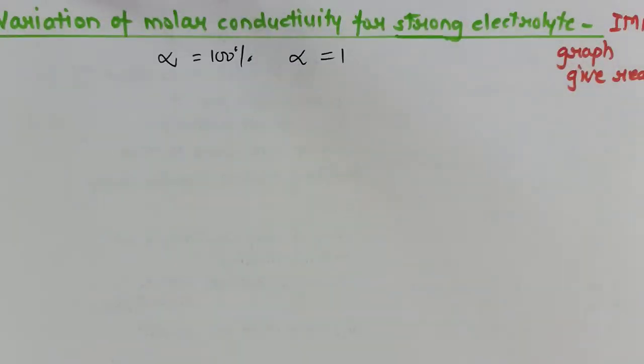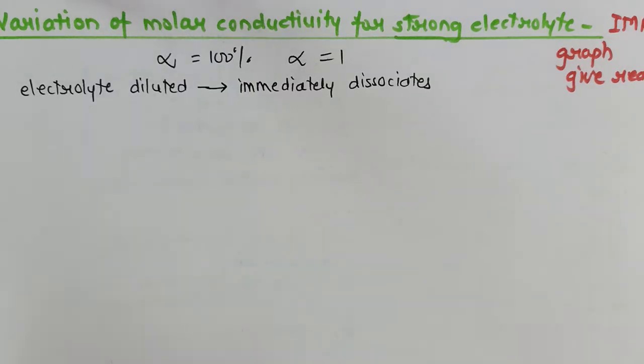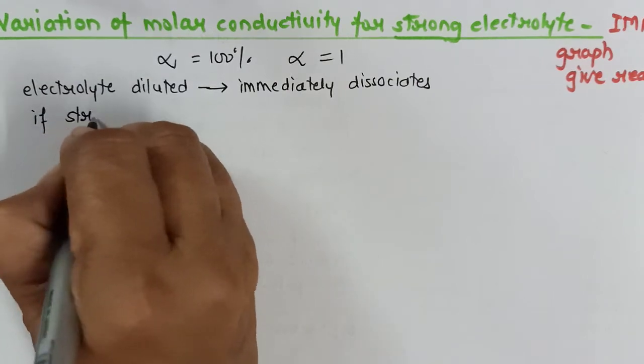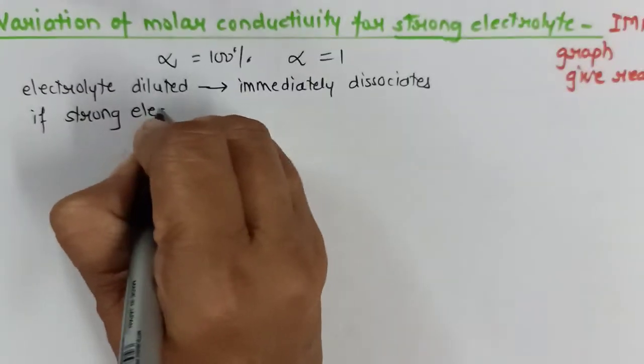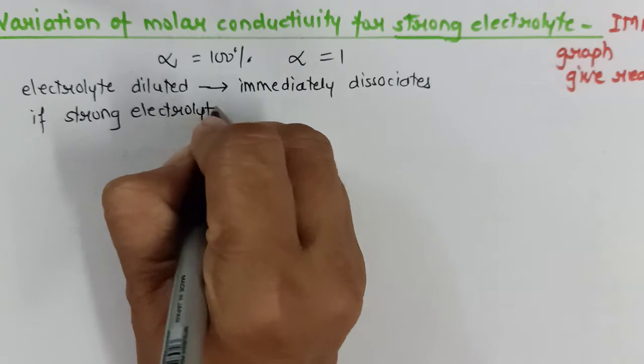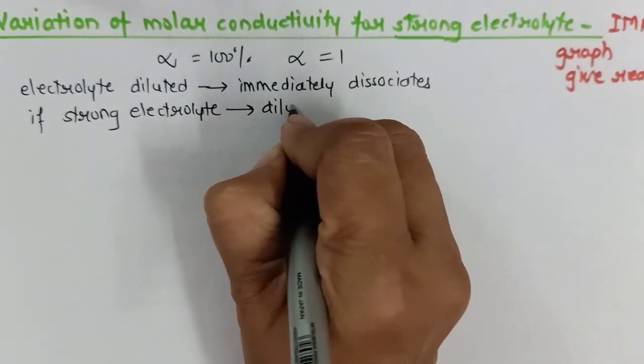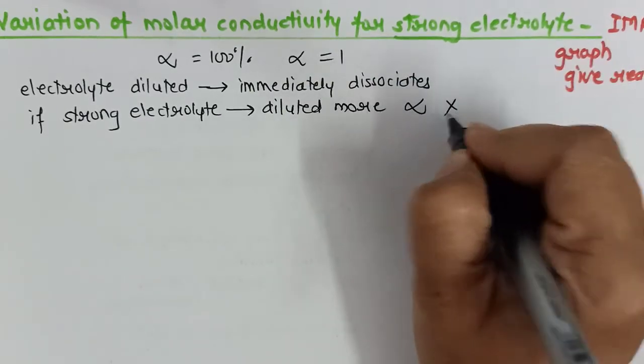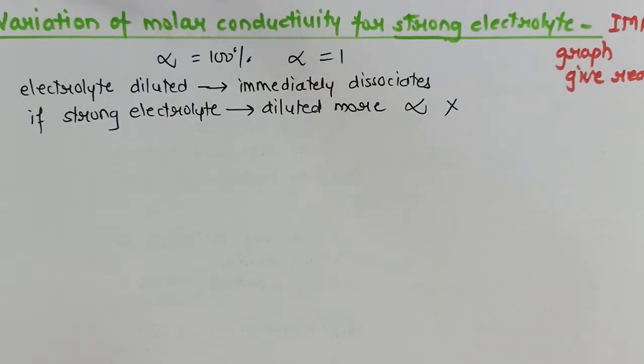That means as soon as the electrolyte is diluted, it will dissociate. So what will be the impact of infinite dilution? Now if this strong electrolyte is diluted more, then alpha is not going to change. Why will alpha not change?